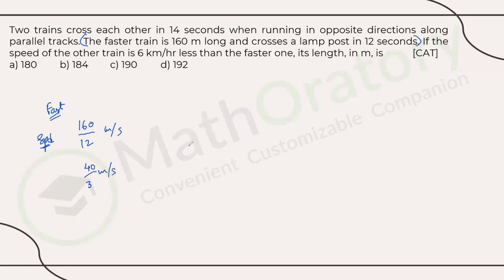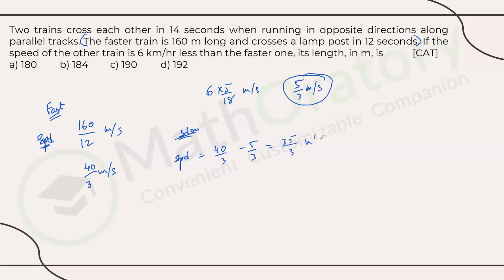Also, we know that the speed of the slower train is 6 km per hour less. 6 km per hour converted to meters per second is 5 by 3. So the slower train speed is 40 by 3 minus 5 by 3, which is 35 by 3 meters per second.